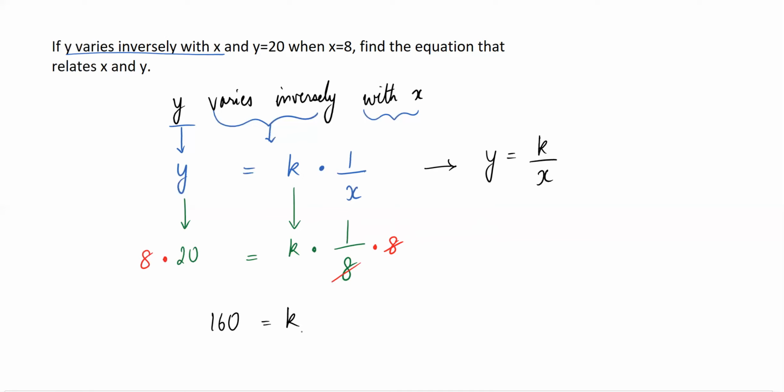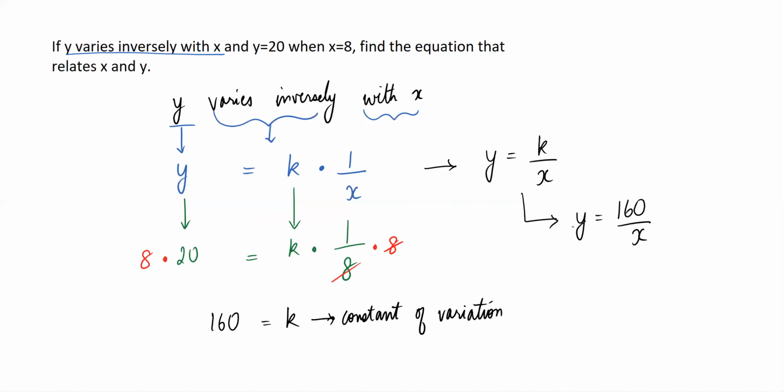We got this relation. We got the constant of variation right here. So this remains fixed at 160. Therefore, if you come back here to the relation, y equals k over x is now y equals 160 over x.